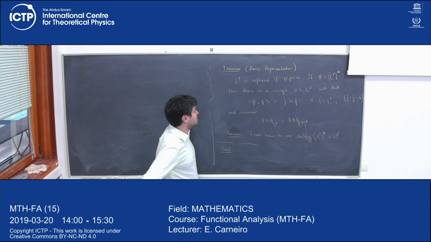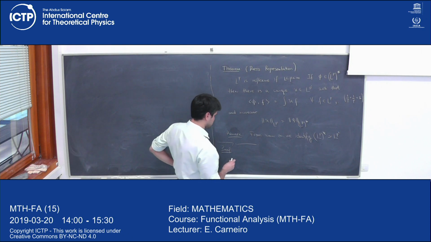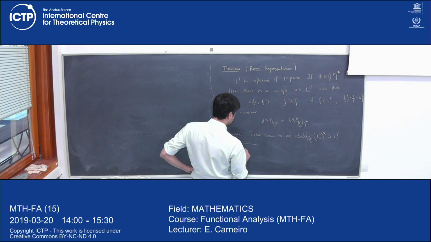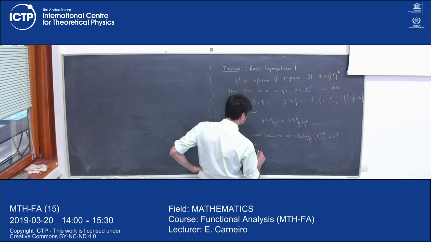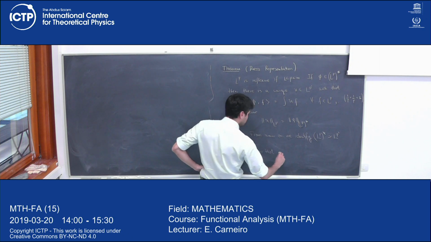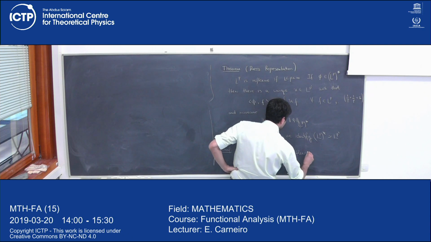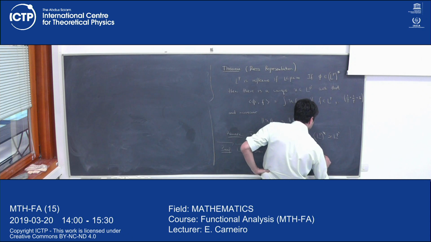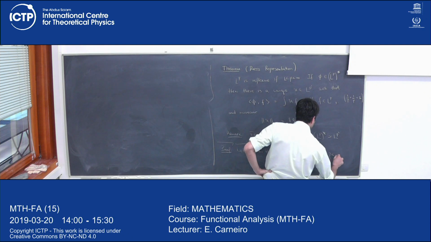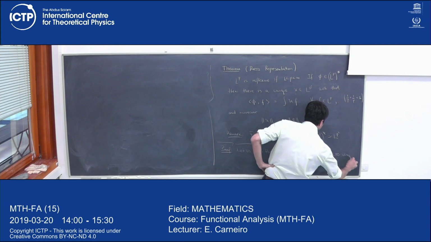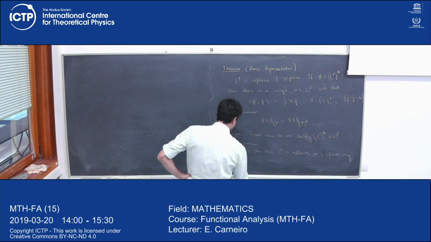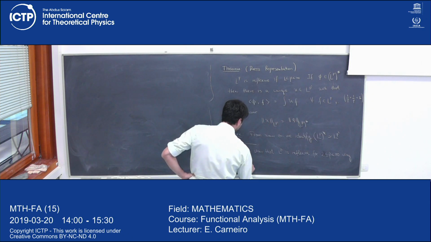So I want to prove that a certain space is reflexive, and I want to use uniform convexity. Let us show that L^p is reflexive for the first case, 2 ≤ p < infinity, using the uniform convexity.